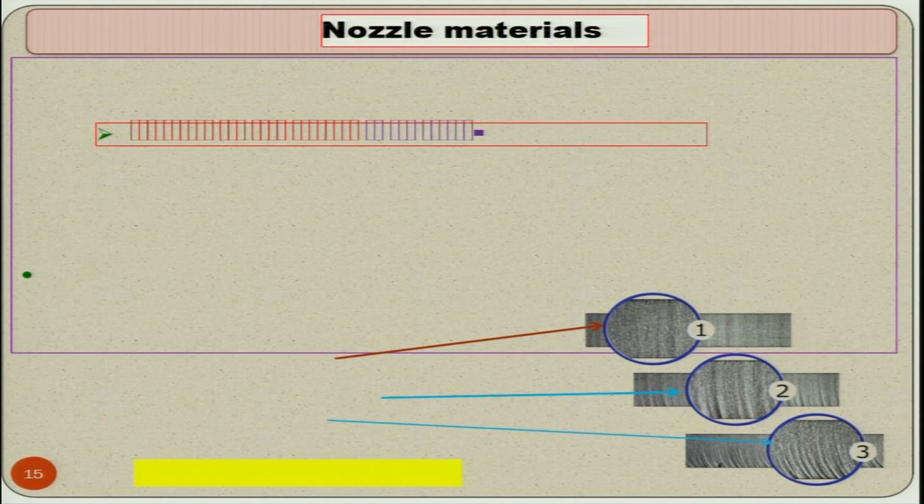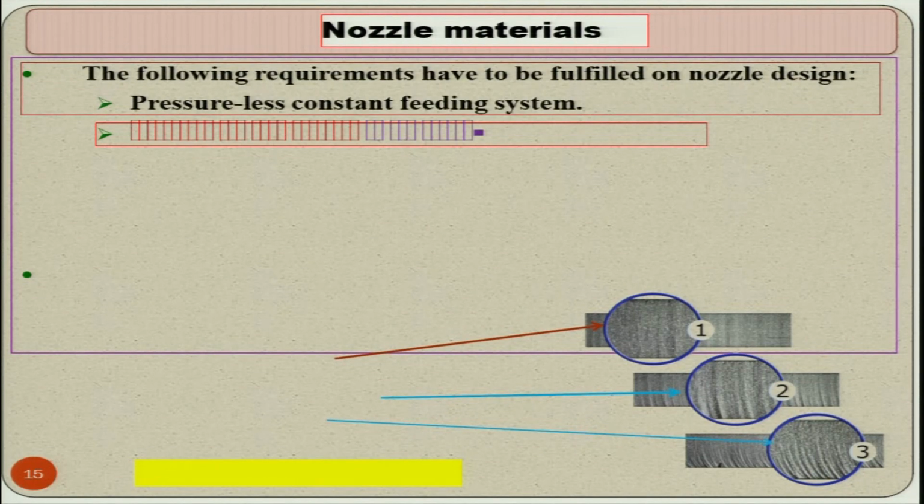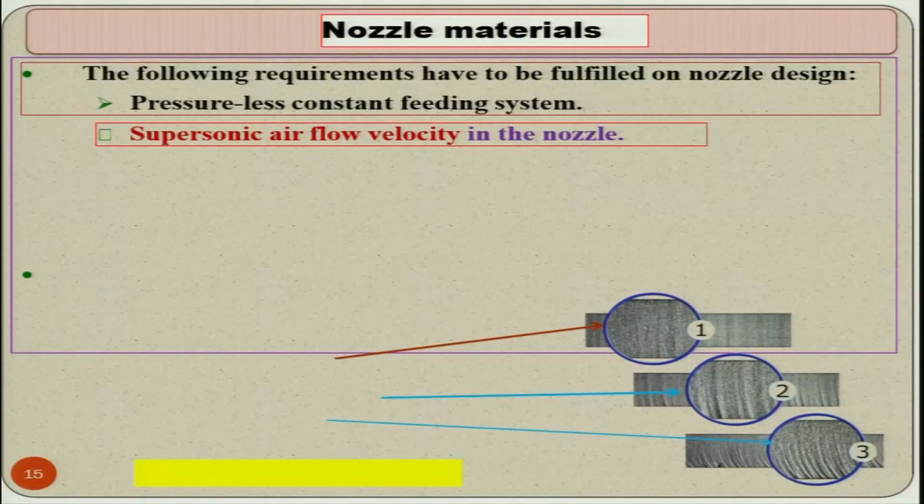Now, nozzle materials are again important parameters, because as I mentioned a few minutes back, abrasive particles are in contact with the nozzle inside the hole. So it keeps on wearing continuously, and if it is not very hard, then it will change its shape and size, and you will not get the correct kind of cavity.